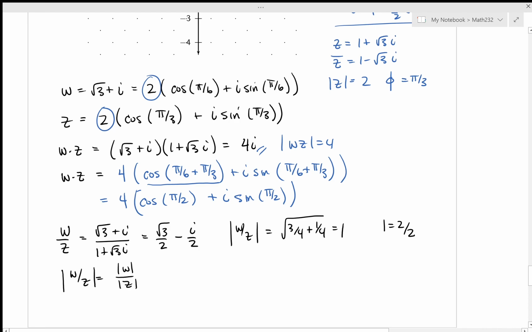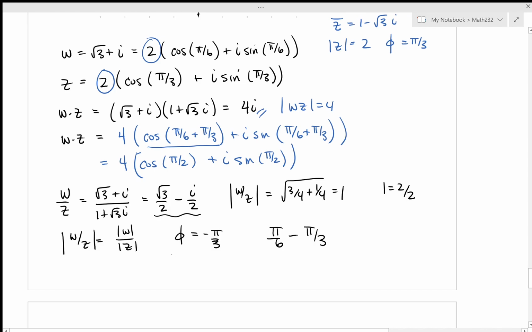Okay, and then let us take a look at what the angle is here. The angle there is minus pi by 3, and minus pi by 3 is in fact pi by 6 minus pi by 3. So the argument for w over z is equal to the argument for w minus the argument for z.